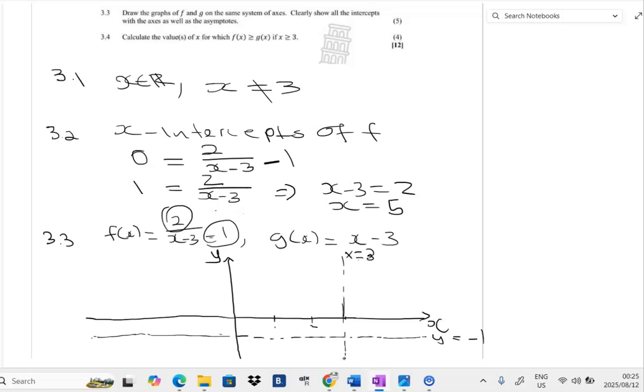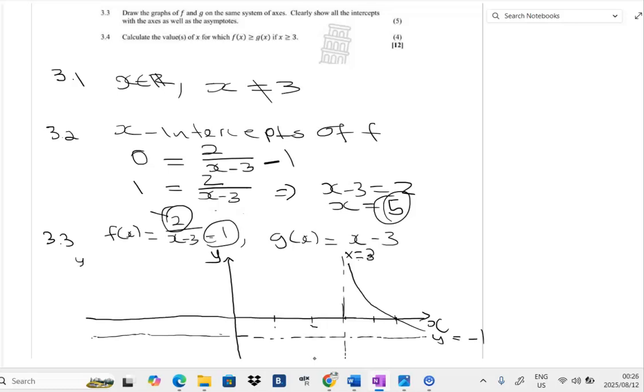And we also have a positive 2 here. This tells us that the graph is going to be in the first and the third quadrant because it is positive. Now we have an x-intercept at 5, so we're going to have an x-intercept somewhere around here. Then we also have a y-intercept. Do we have a y-intercept? Yes, we do.